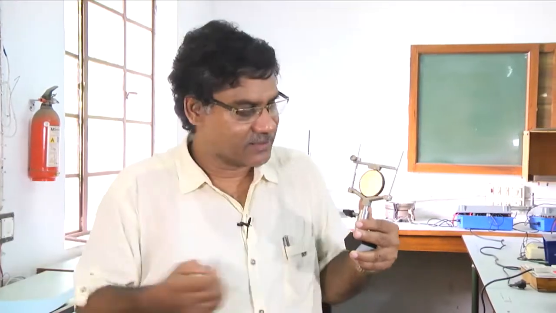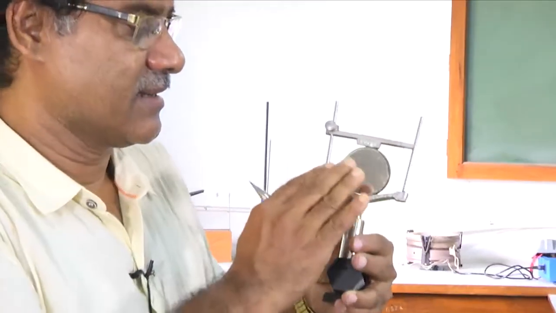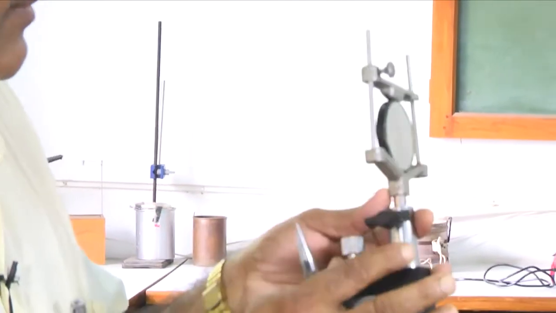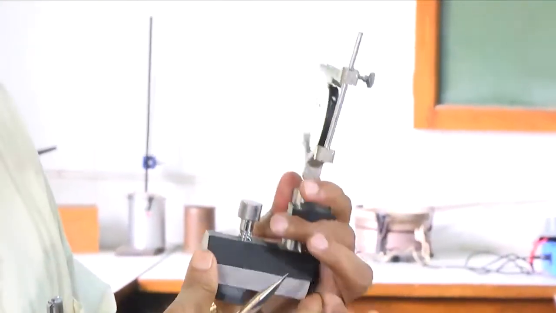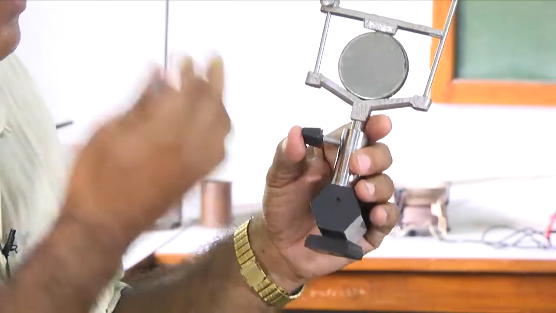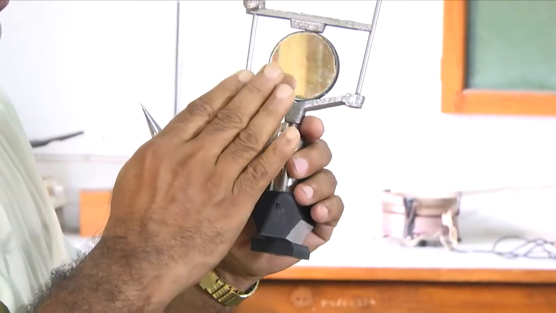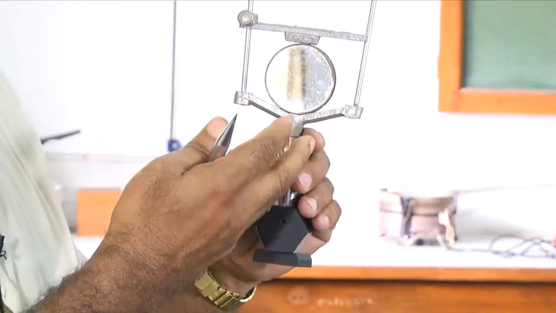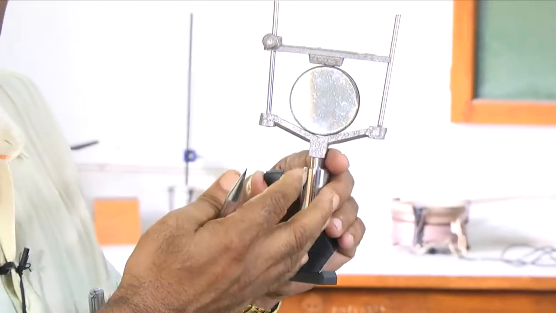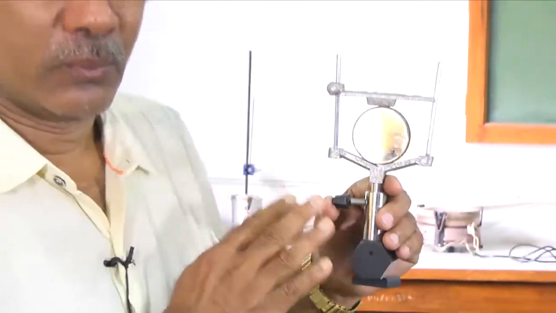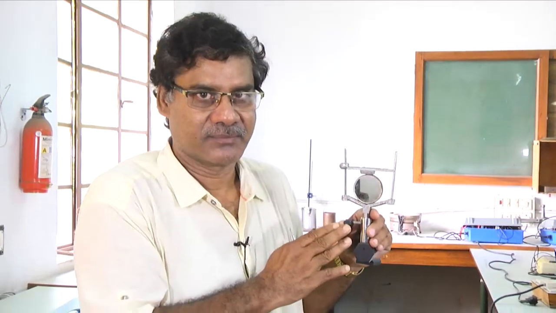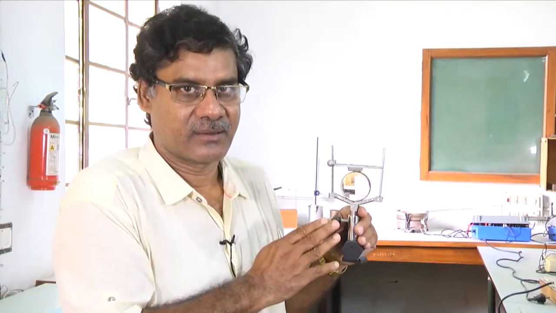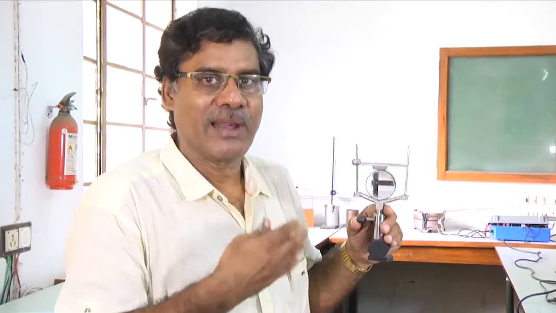This mirror has two faces. Which type of mirror it is, either concave or convex, how will you identify? You know that a convex mirror always gives a virtual and erect image.